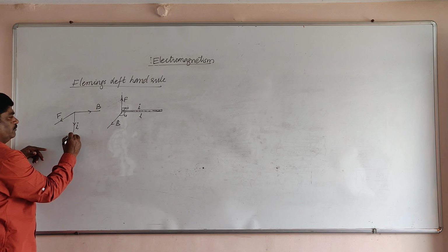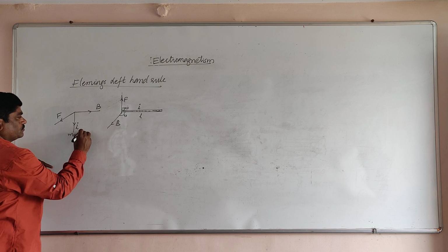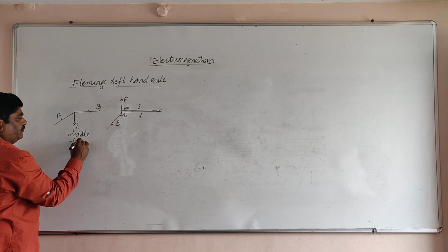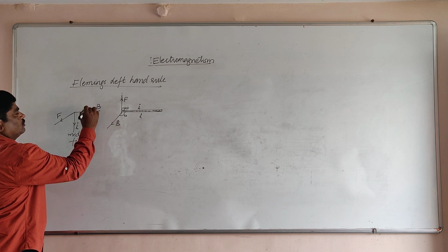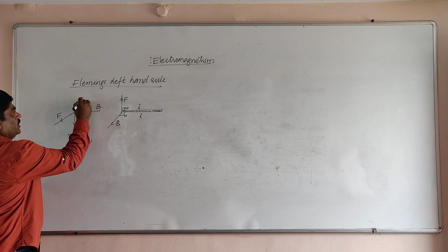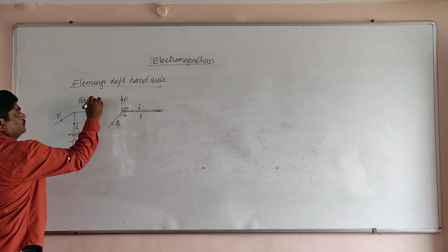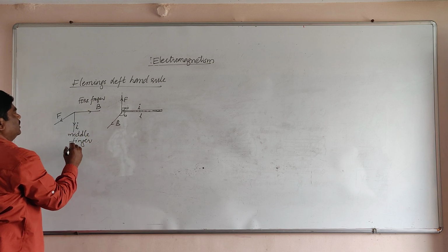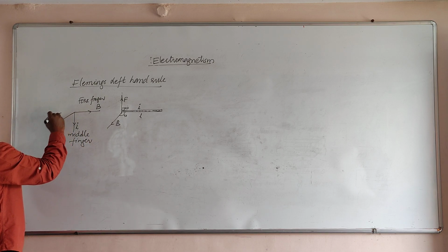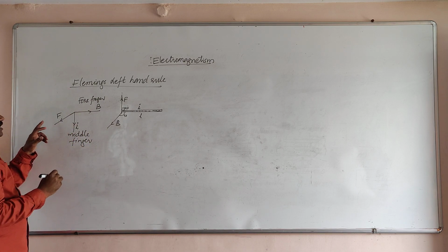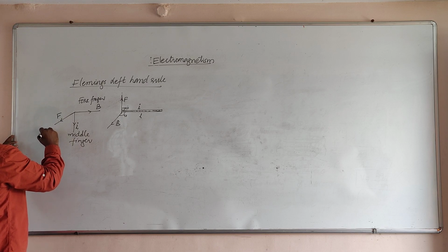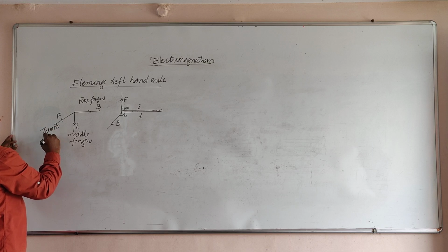So it is what? Middle finger direction. This is what? The forefinger direction. This is what? The force acting on the conductor, the thumb direction.